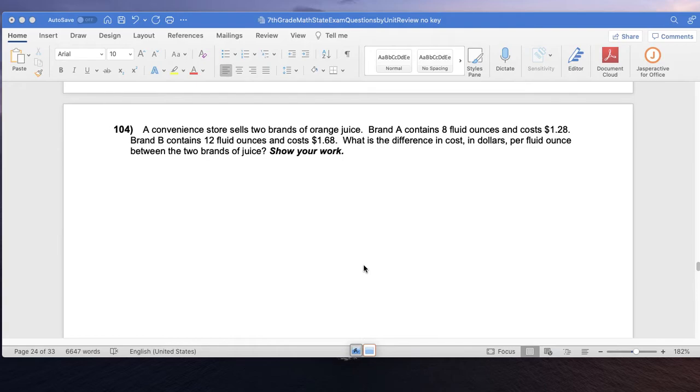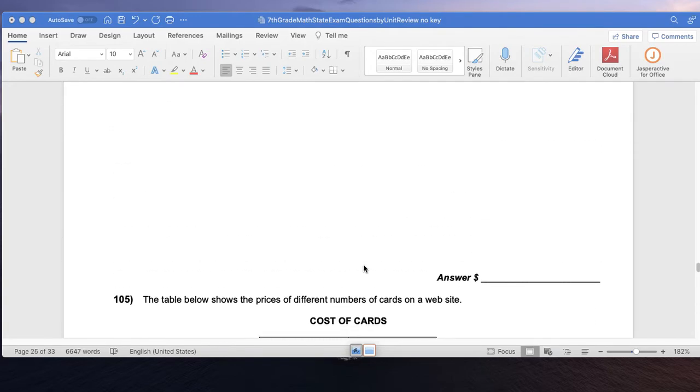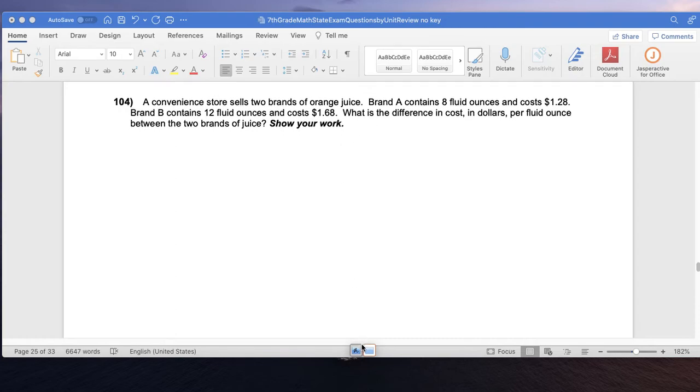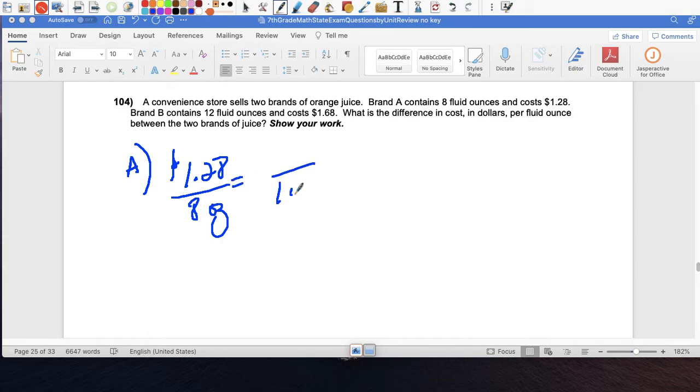104. Seriously, it's like grading your tests. You have two orange juices. The first one is $1.28 for 8 ounces. Let's find the unit rate. For 1 ounce, we divide 128 by 8, and we get 0.16.